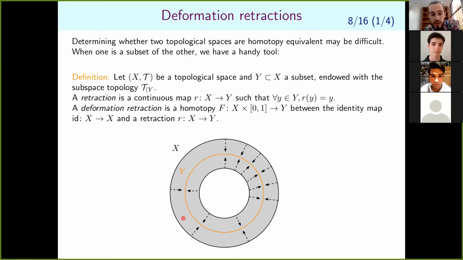So for instance, in this example, I took X to be the annulus, this band, this strip, and Y is the circle inside the annulus.